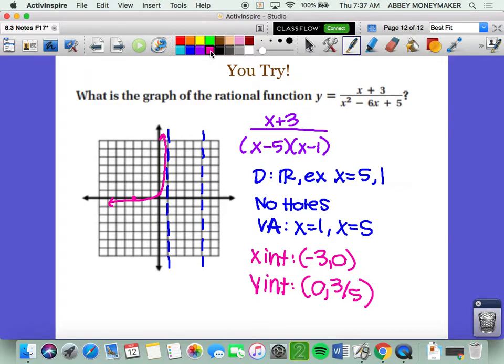So at 3, we have -3.5. At 7, we almost have 1. So again, plot as many points as you deem worthy. You know what's happening here though. So you can kind of use that one good point in your asymptote to get your rough sketch. Lots of fractions when we graph there.